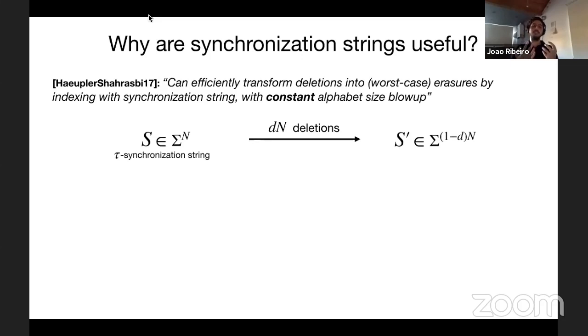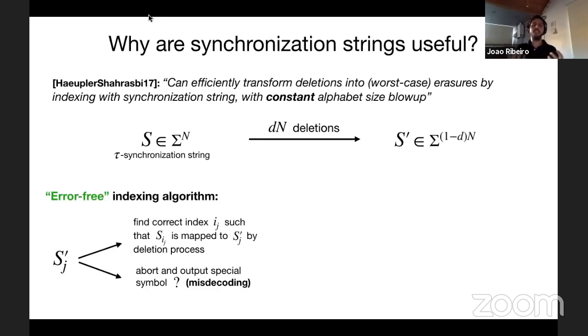And the reason why this happens is that if you take a synchronization string and you apply dn deletions, where here they can be worst case deletions, and you get some S prime, you can take the symbols from S prime and run what's called an error-free indexing algorithm. This indexing algorithm basically looks at the symbols of S prime and finds the correct indices. So it either returns the correct index in S for each symbol, or for some symbols it may abort and say, I don't know which index it is, let's just treat it as an erasure, or they also call it a misdecoding.